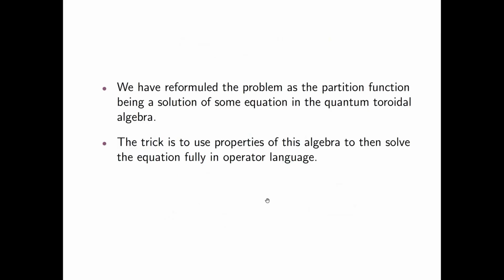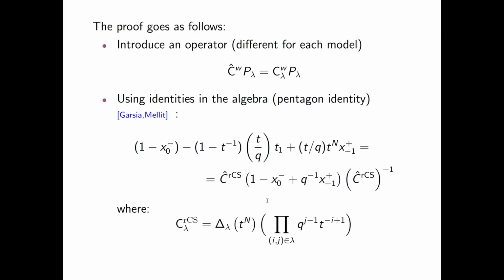So now, we have reformulated the problem of solving all these integrals into an algebraic one. We have an equation in some operator in the quantum toroidal algebra. It's a sum of some basis operators, so in total, it's some operator in the quantum toroidal algebra. And then the trick is to use properties of this algebra to solve it in operator language.